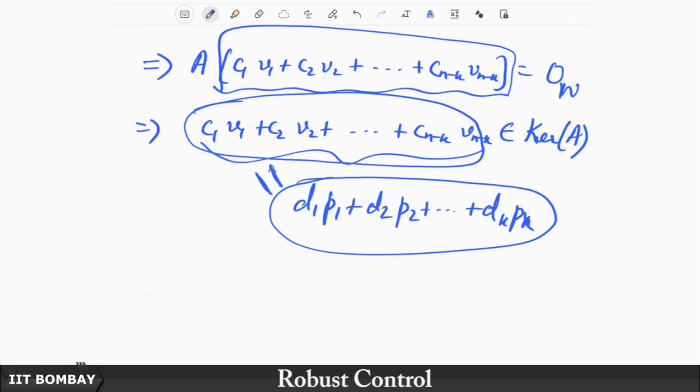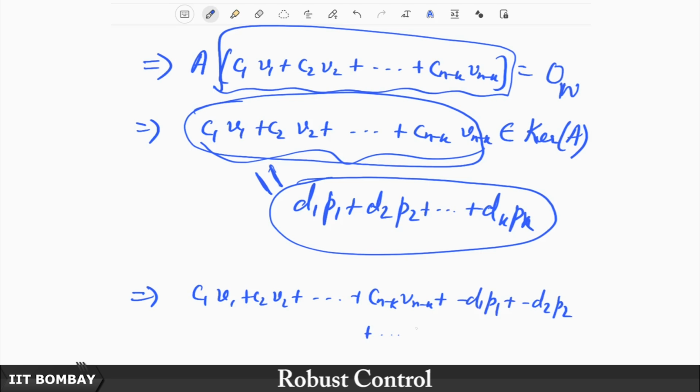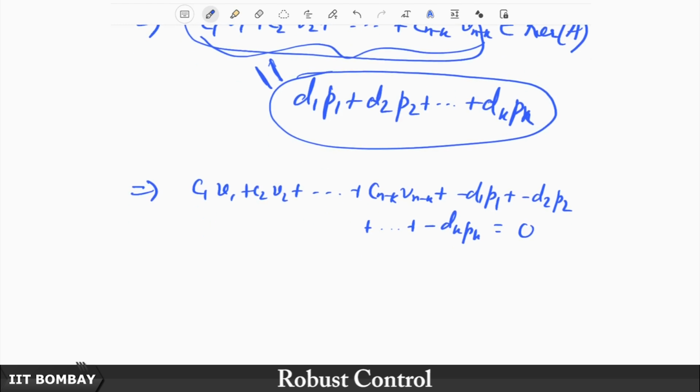But what does that mean? That means that c1 v1 plus c2 v2 plus dot dot dot till c(n minus k) v(n minus k) plus minus d1 p1 plus minus d2 p2 plus dot dot dot till minus dk pk is equal to 0. I am bringing both on the same side.